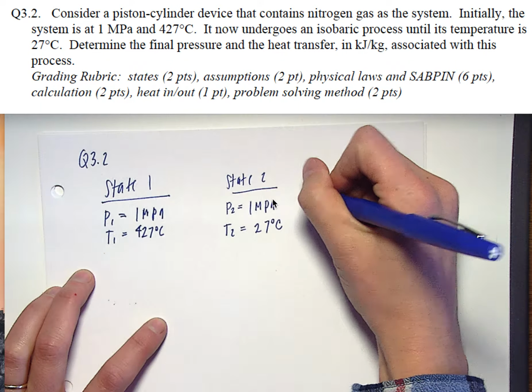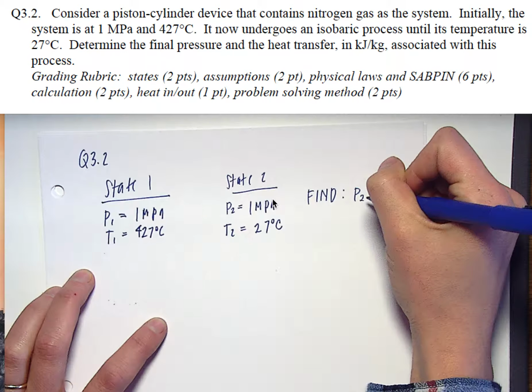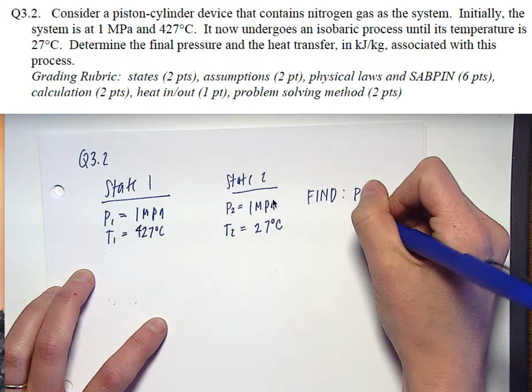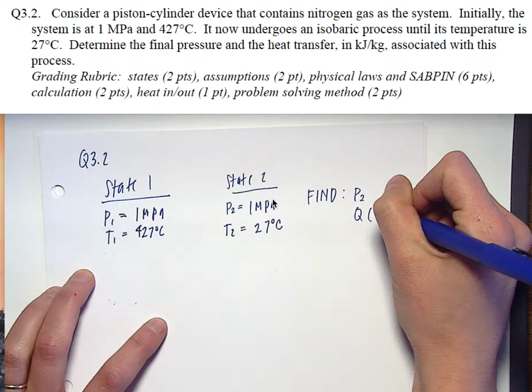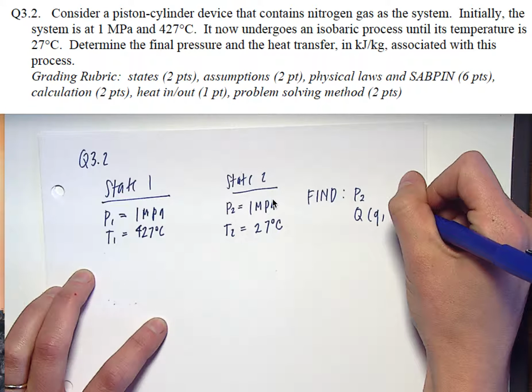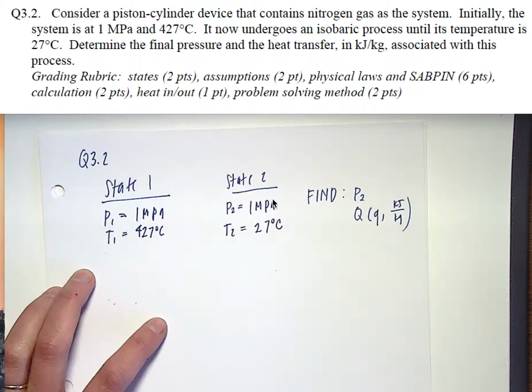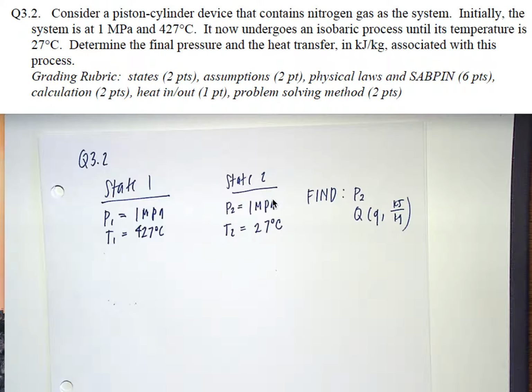It asks to find P2 and Q, and this is going to be little q, which is in kilojoules per kilogram for this process.